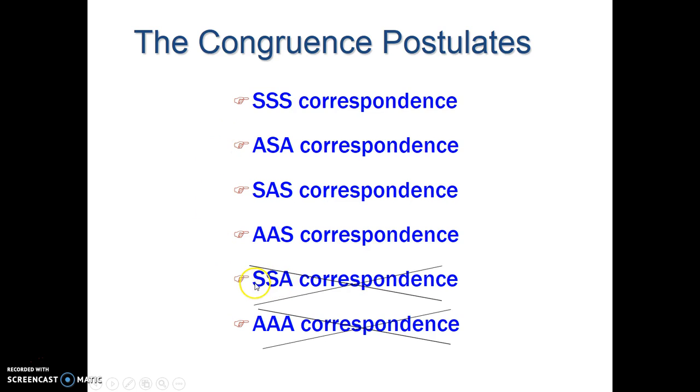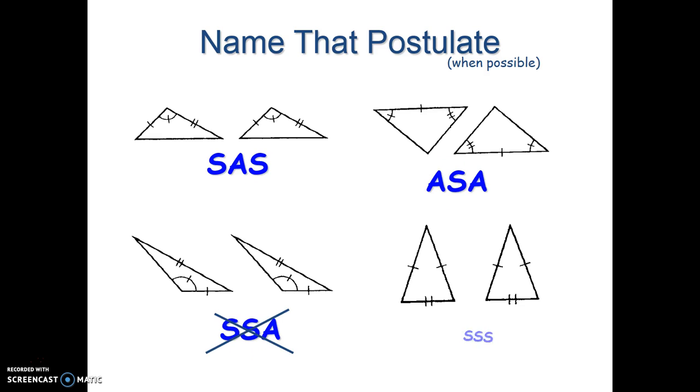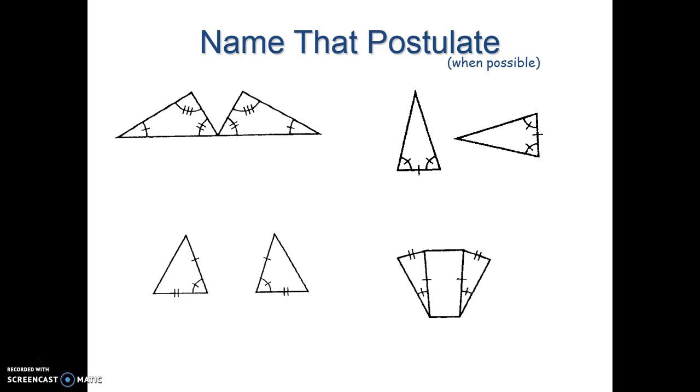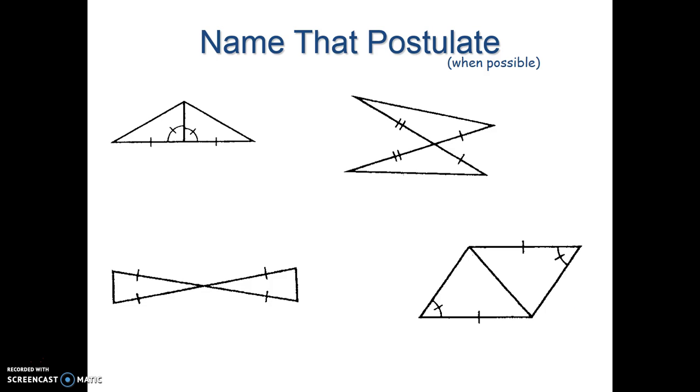And again, you see these two are the bad ones. Very bad. Terrible. Here's some practice you could look through if you'd like to pause the video. Again, AAA up there is not good, and SSA.